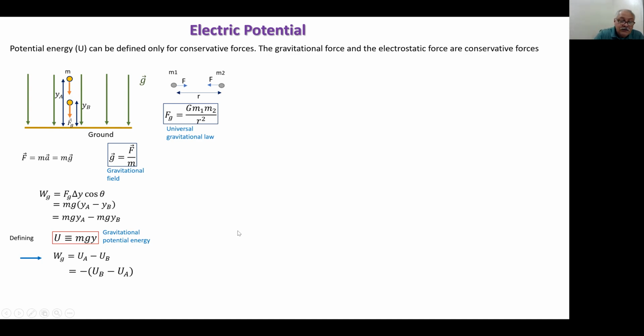It's easier, correct? And that way, this becomes negative, and at the end, we have that the work done by gravity is equal to negative the change of the gravitational potential energy.